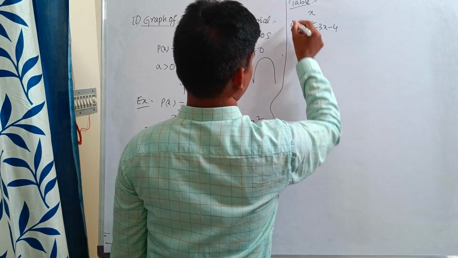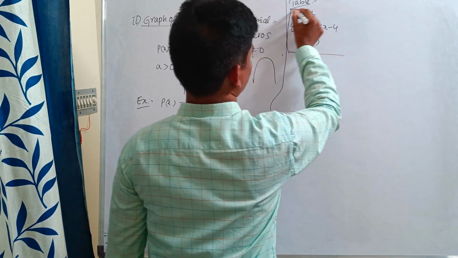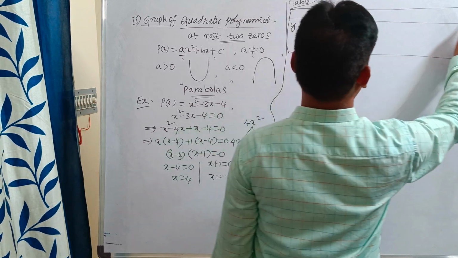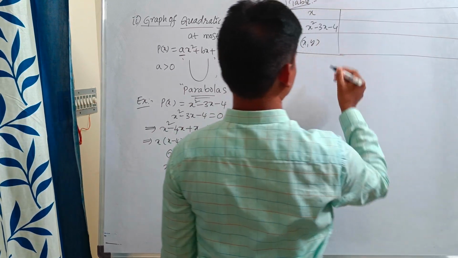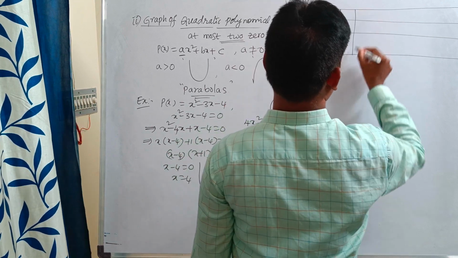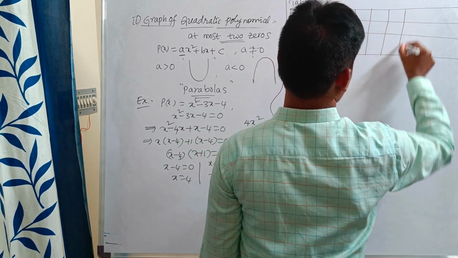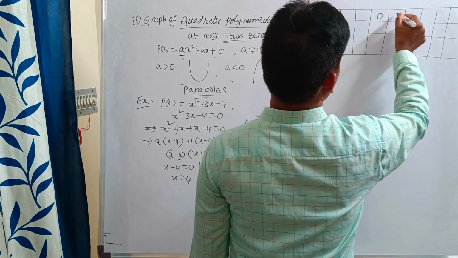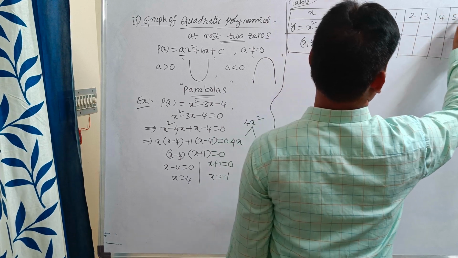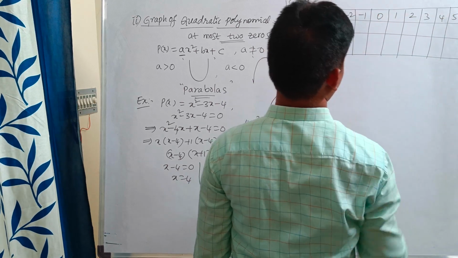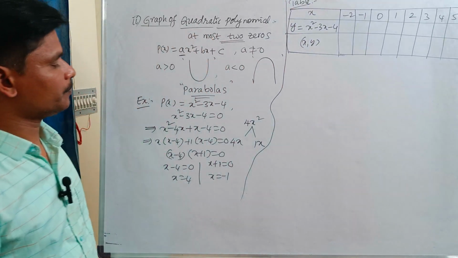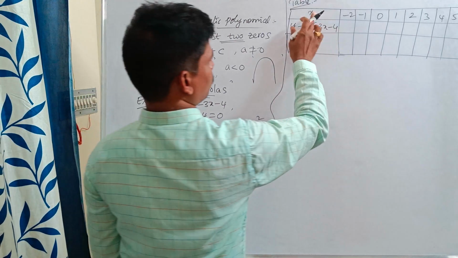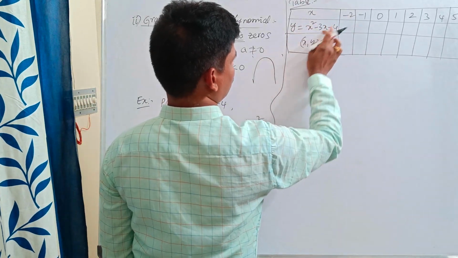So take the points. Take the x values. First put the x value minus 2 in this equation.